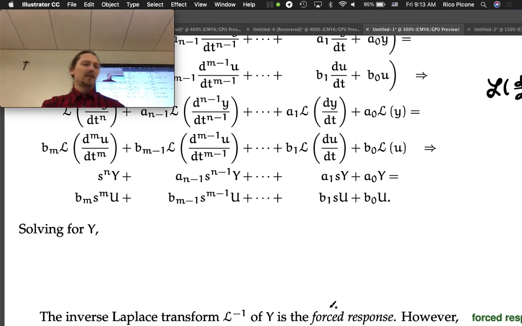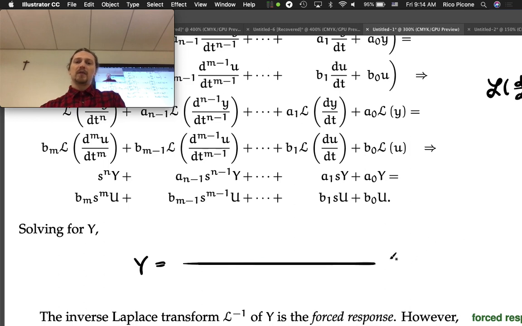And notice that this entire left-hand side, you can factor y out. And this entire right-hand side, you can factor u out. So y equals a big fraction times u, the input. I'm going to go very big just to make sure. The left-hand side that's got y on it is going to become the denominator, right?